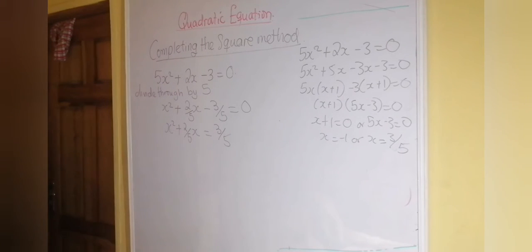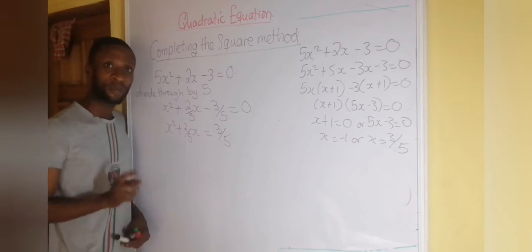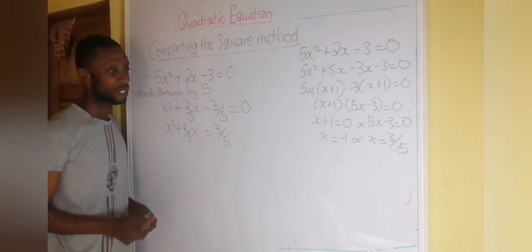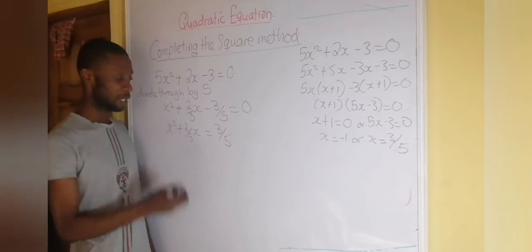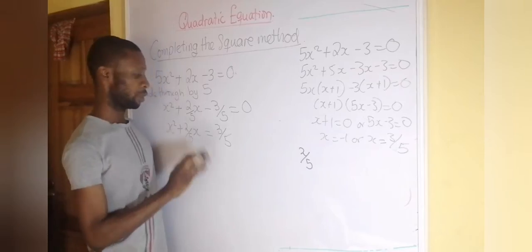That's the second step. The next step is to find a perfect square. You know that for a perfect square, we divide by 2 and square it. So that's the simple way. So this 2 over 5x, leave the x out.